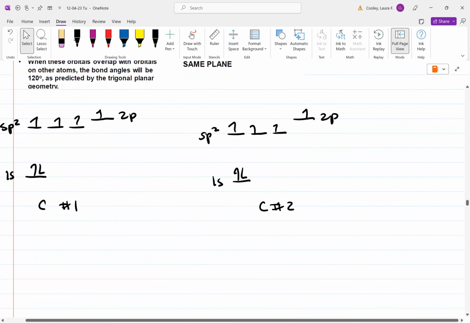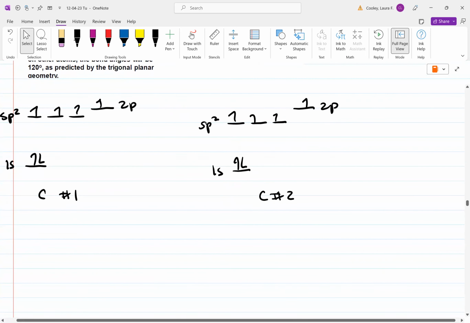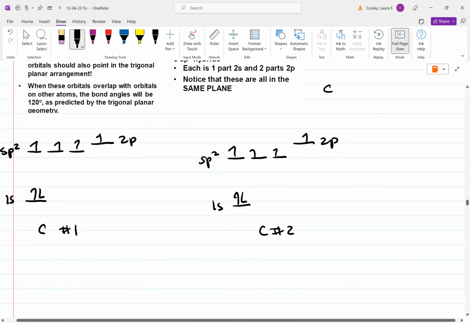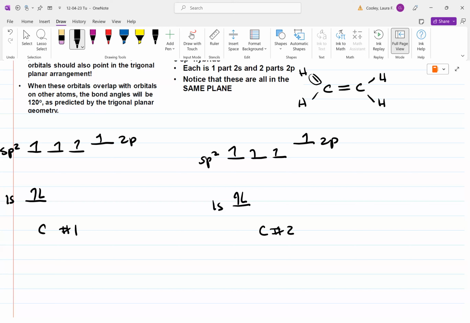So let's remember the Lewis structure that we had here. We had C double bond C, and we had H, H, H, H. So this bond here is going to be from overlap of an sp2 on carbon. So this one will overlap with a hydrogen 1s.